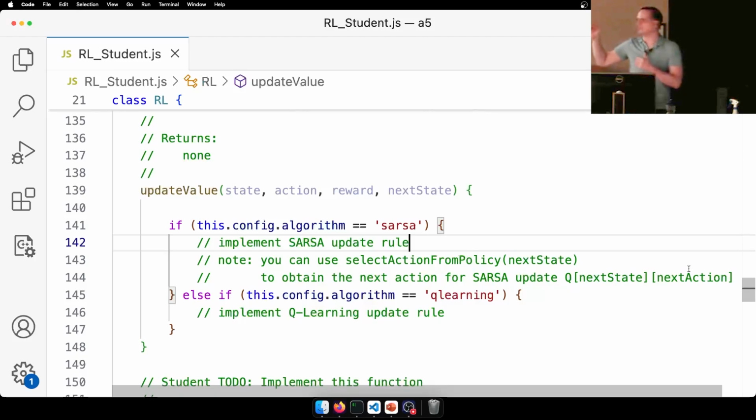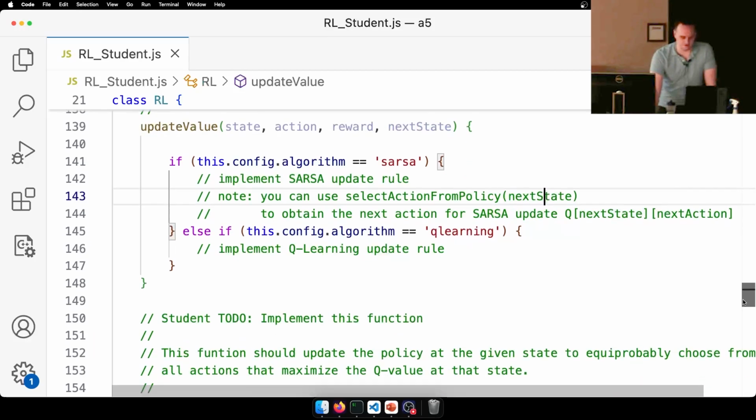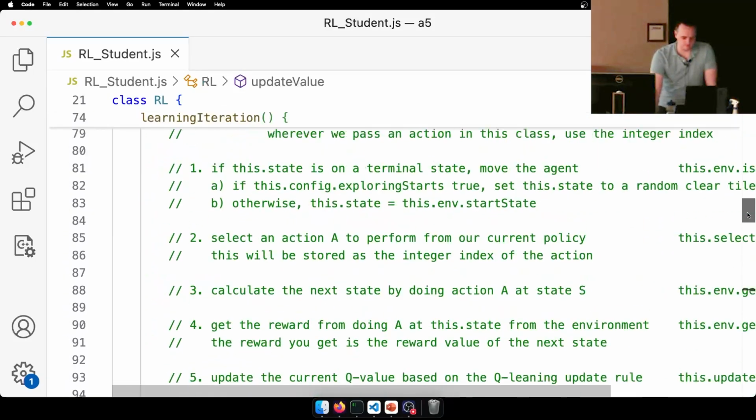But the cool thing about this assignment is you already have a function that does that for you. I note here that in order to get the action at the next state, you can use the select action from policy function, which you already have. So use that for sarsa and you're basically done. And that's it. Nothing else has changed.